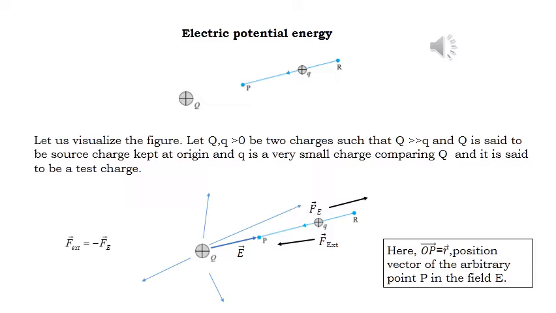The external force direction is opposite to the electric field force. So this is the force given externally on the test charge in order to balance the effect of the electric field force and to move q further towards the source charge. This is depicted by the second diagram.